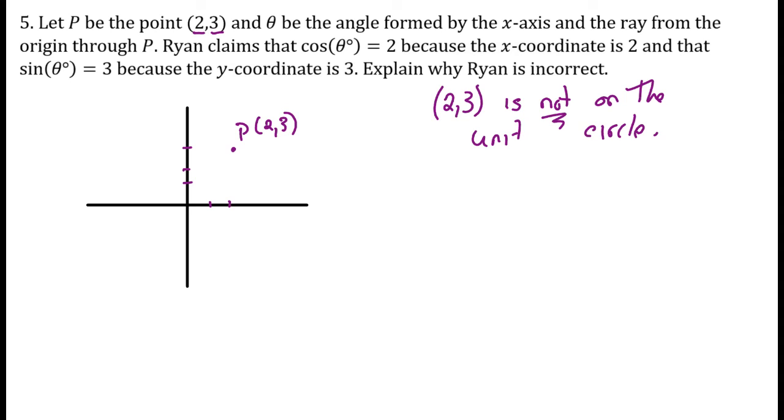So Ryan's incorrect there because you can't just look at the x and y coordinates when you're not on the unit circle. To do a question like this, where that's your angle theta, you have to make your triangle. That's 2, that's 3.